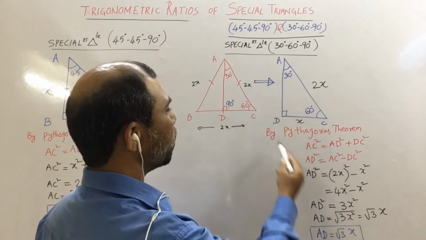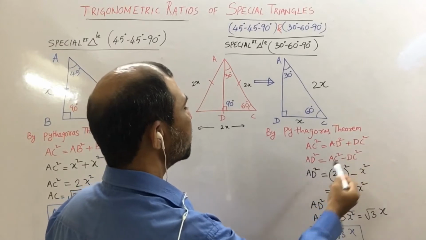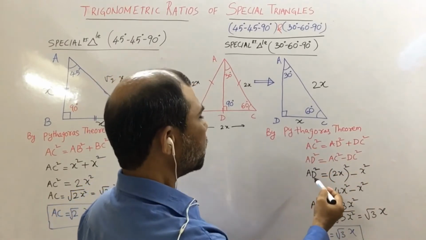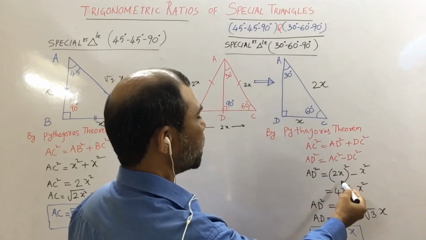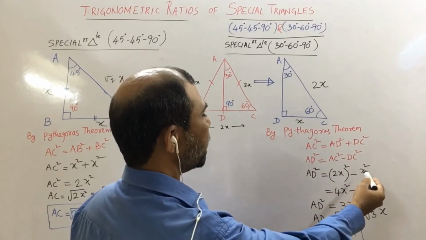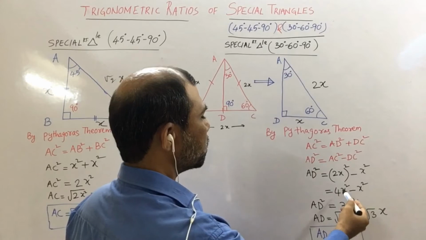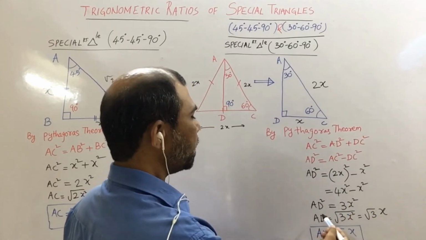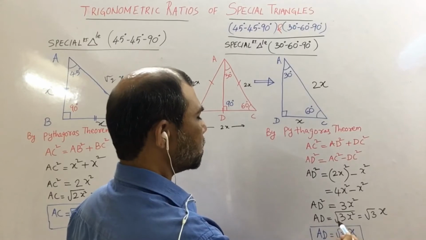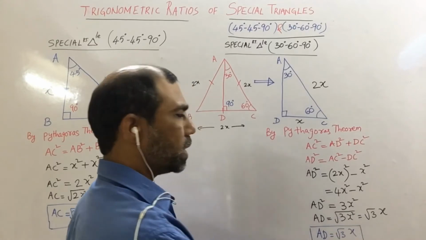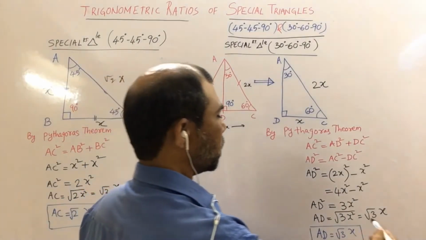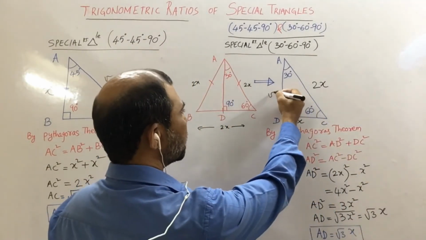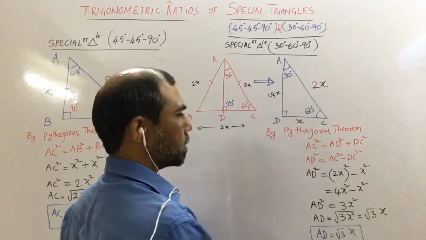AD square is equal to AC square minus DC square. Here AC square is 2x square minus x square. It would be 4x square minus x square, that is 3x square. But we need AD, so taking the square root, we get AD is equal to root 3 times x.